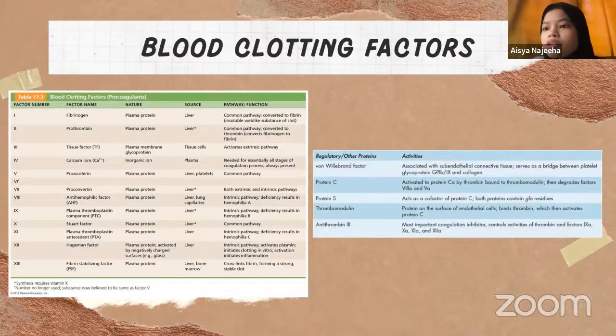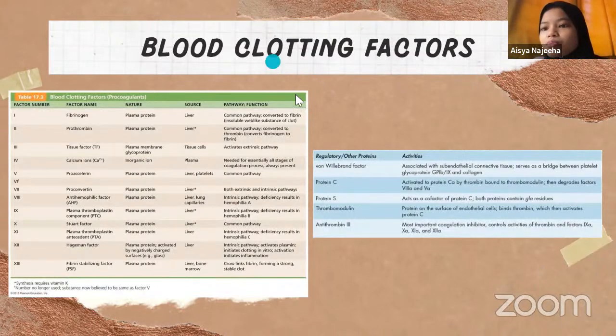Next is protein C. It is activated to protein CA by thrombin bound to thrombomodulin, and then it will degrade factors VIIIa and Va. Next is protein S. It acts as a cofactor of protein C. Both proteins contain GLA residues.